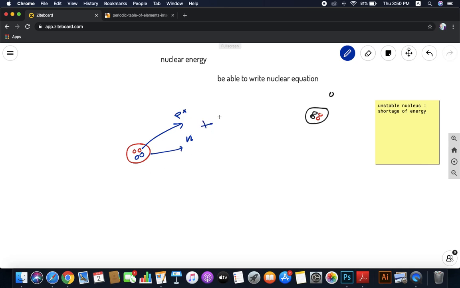So it releases nuclear energy. This nuclear energy, it's called nuclear energy because it came from the nucleus itself.